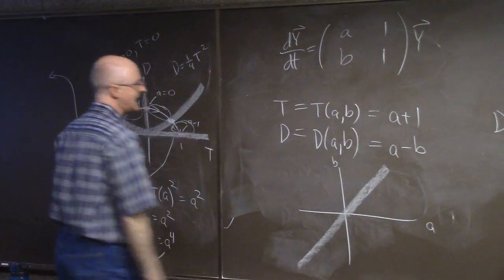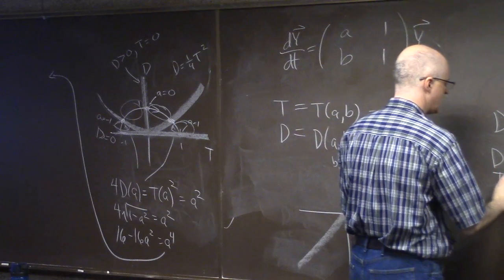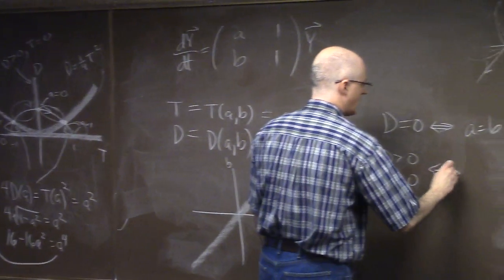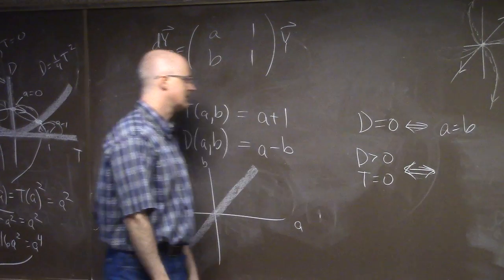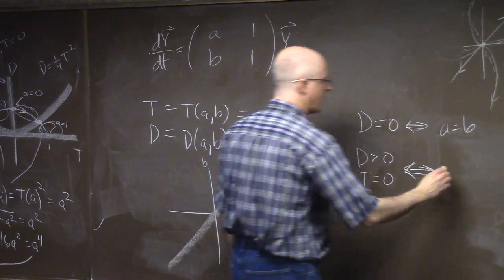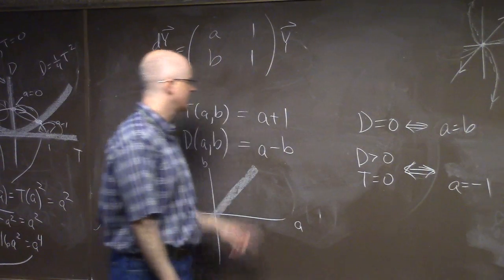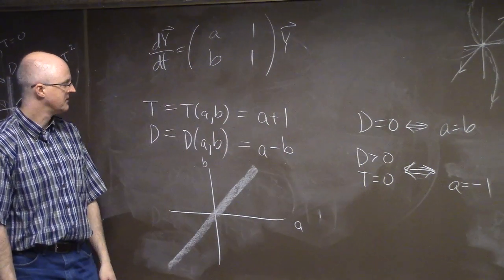How about the positive d-axis? D greater than 0, t equals 0. What does that correspond to? Well, t equals 0 corresponds to A equaling -1, because t is A plus 1.